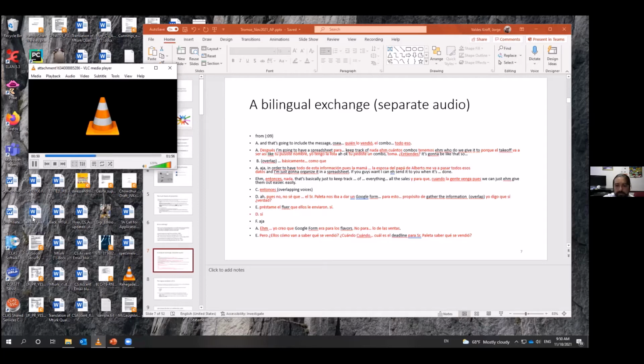Entonces nada, that's basically just to keep track of everything, all the sales, y para que cuando la gente venga, pues we can just give them out easily. Entonces también aquí señor Paleta, no sé qué señor Paleta les iba a dar un Google Form para estos propósitos de gather the information. Yo entendía que sí, ¿verdad? Eso estaba en el flyer que ellos le enviaron. Sí. Sí. Yo creo que Google Form era para los flavors, no para lo de las ventas. Pero ¿cómo ellos van a saber quién se vendió? ¿Cuál es el deadline para el señor Paleta saber qué se vendió?